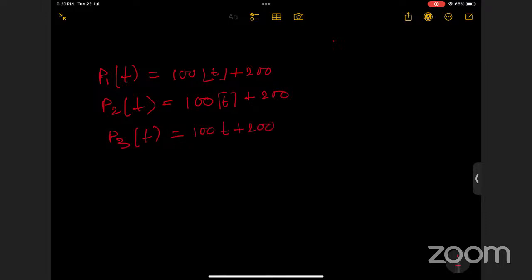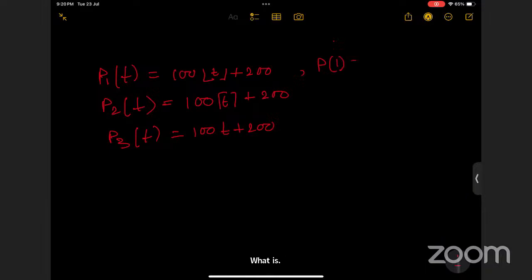So these are the three functions we have been given. Now, what is the question? Ceiling. Okay. The tangent of the function P1 with respect to scheme A doesn't exist at 1. Okay, so you have to check at the point 1, what is P1?